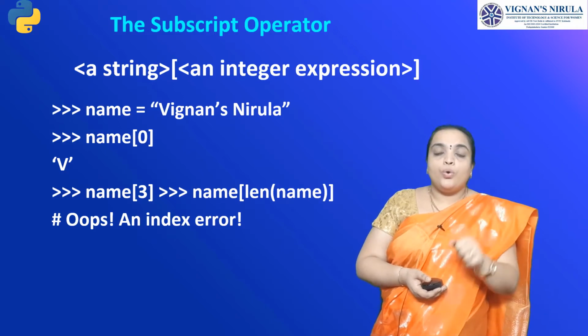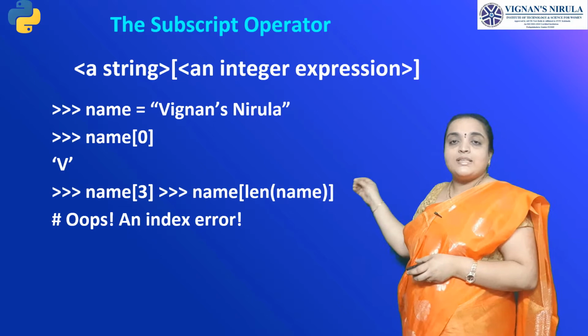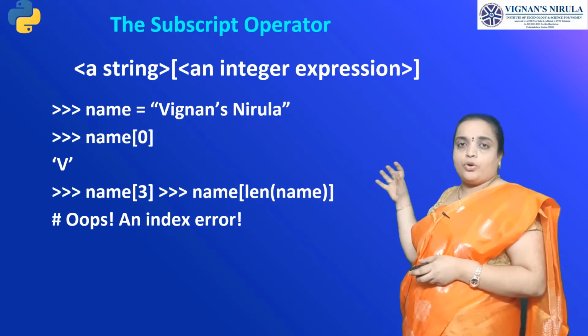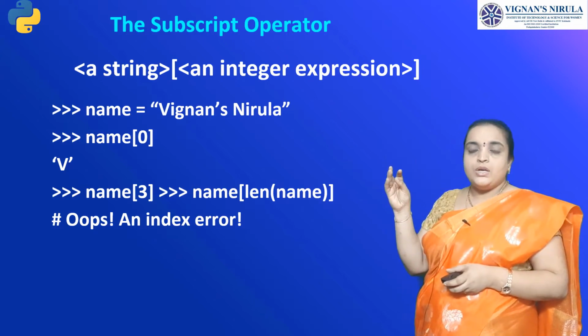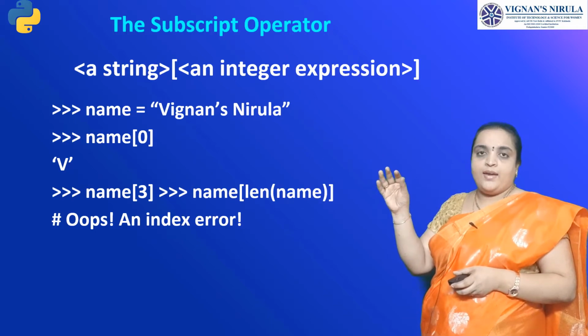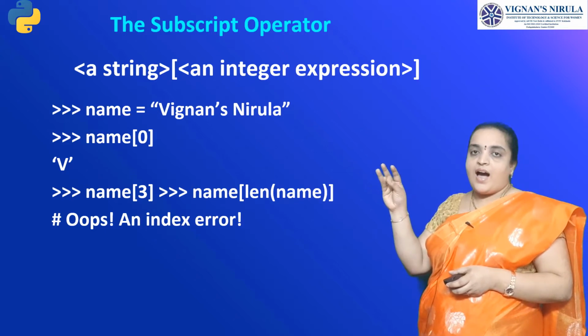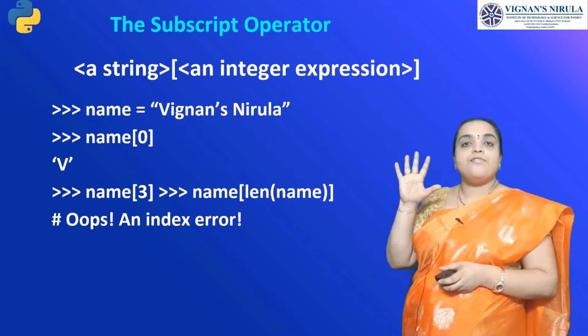But as you all know, the string index starts from 0. So what is the total length of the specified string? V, I, G, N, A, N, apostrophe, S, space, N, I, R, U, L, A. Total 15.